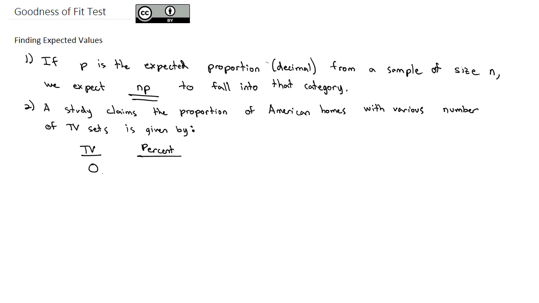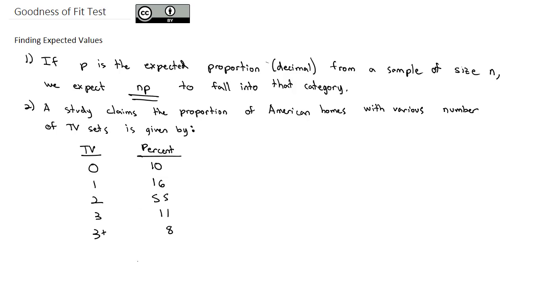So 0 TVs is owned by 10% of the population, 1 TV by 16% of the population, 2 TVs by 55%, 3 by 11%, and more than 3, we'll say 3 plus, is owned by 8%.